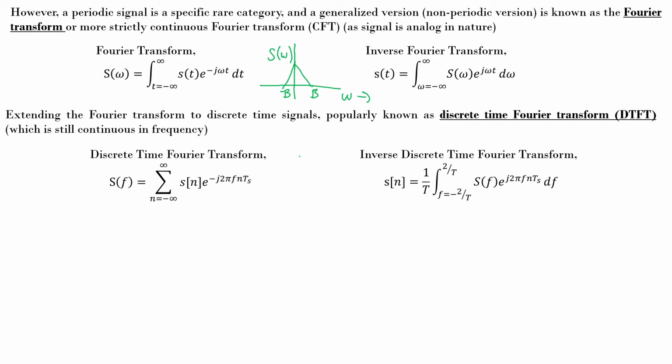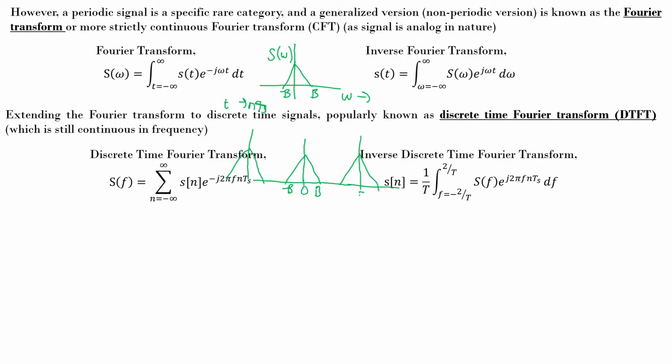The moment you discretize that signal, what you are going to see is the same signal will be there definitely, minus B to plus B, but then the signal will get replicated. In this case there is no replication, there is one spectrum and it dies out, for example. But in this case, the moment you do that, t is basically sampled at nTs, what is going to happen is the same signal will get repeated at different locations, and these locations are not random locations.